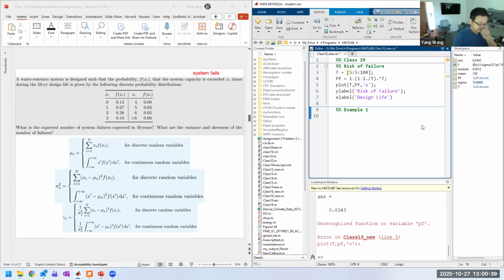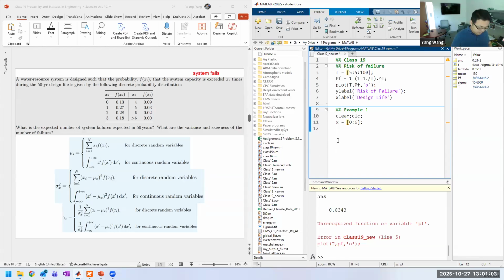Example 1. We know that x ranges from 0 to 6. The reason why we don't consider more than 6 is that the probability is already 0, so we don't have to show F(x) anymore. If F is 0, then those values are not considered in this calculation.